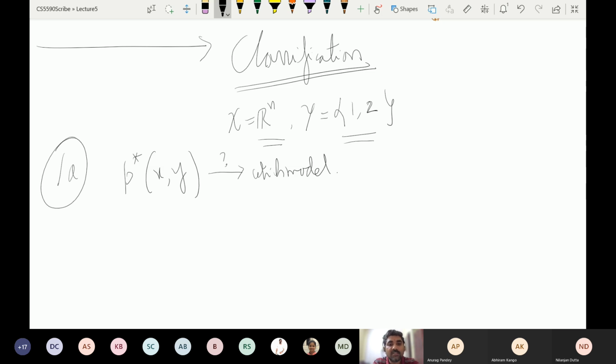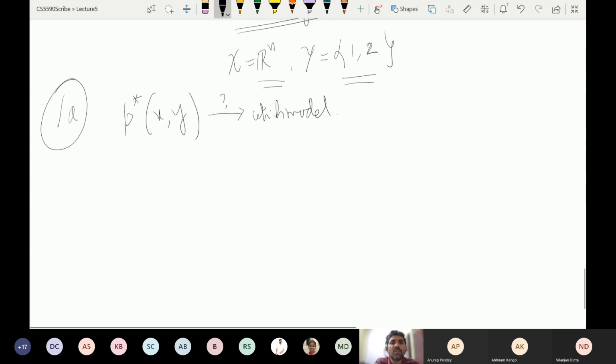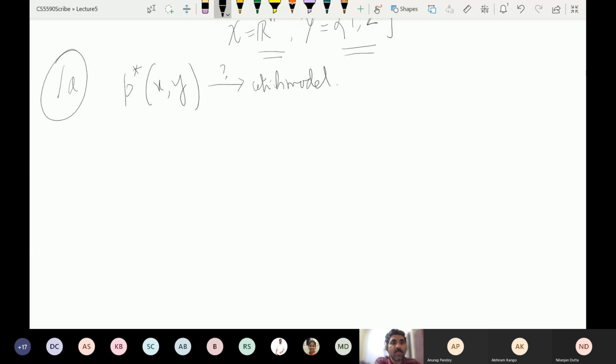Now what's the alternative? The alternative is to model the joint indirectly. Let's first understand what distributions are related to this joint. There are 4 distributions related to this joint. There are 2 marginals, the marginal over x and the marginal over y.